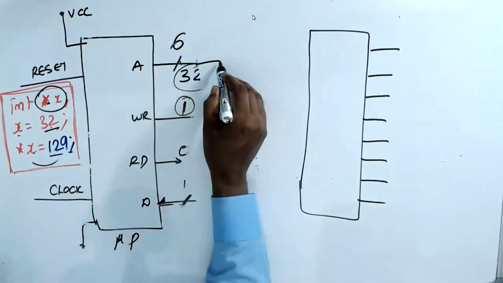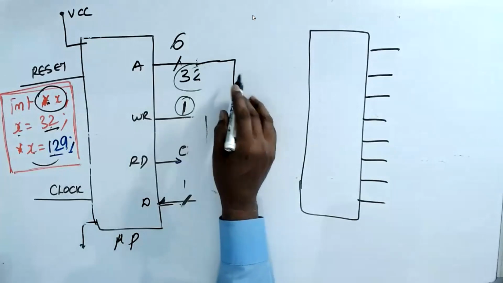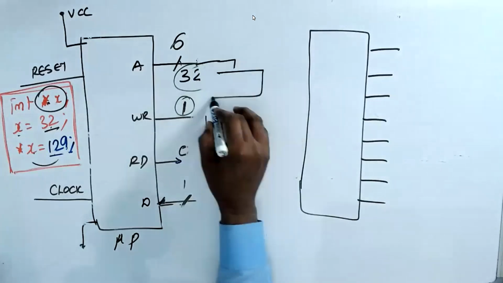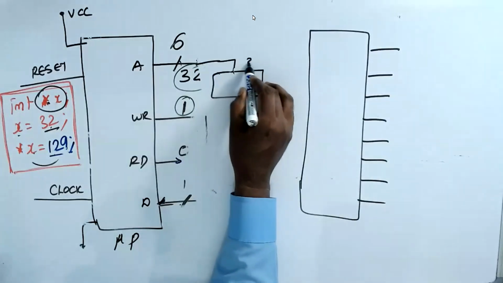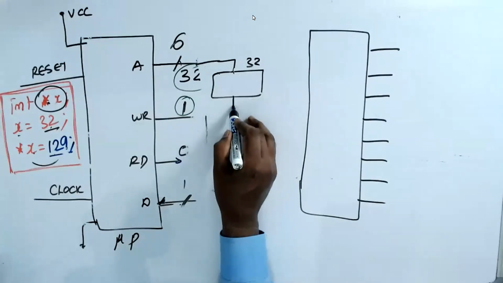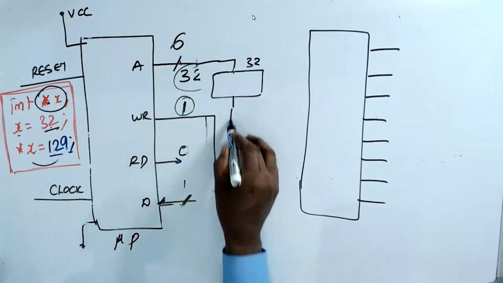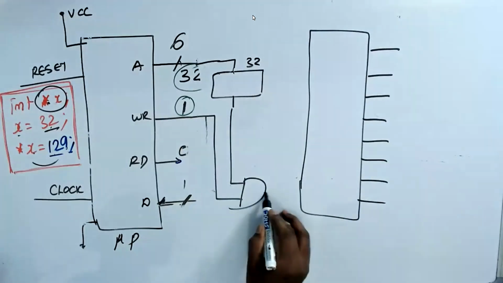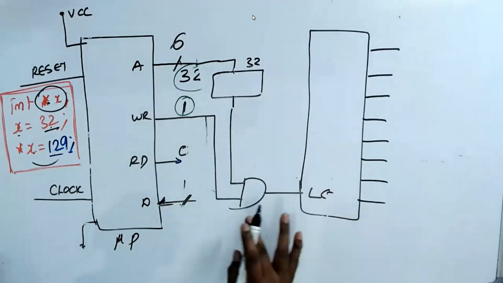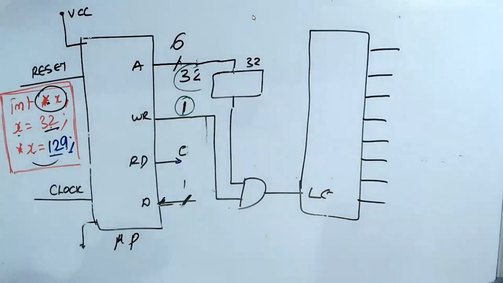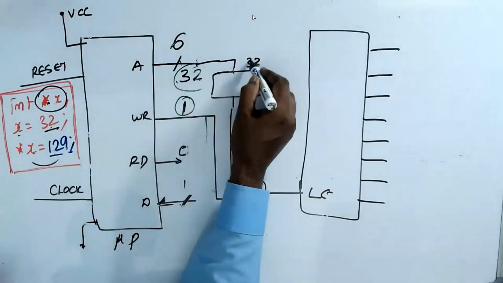This 6 goes to the select logic, whose number is 32. And we connect the write, put LE. If I get 32, these 2 match.